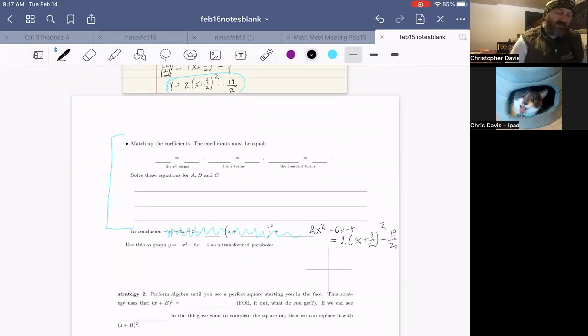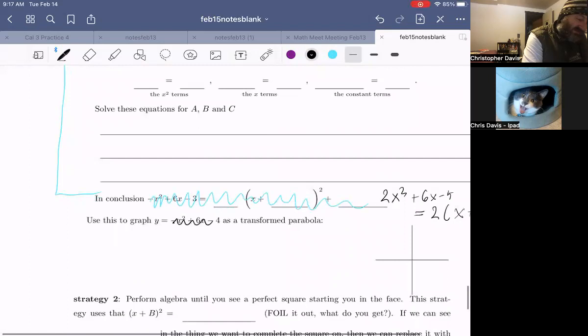All right, so one of the whole points of this is we can use this to graph this quadratic function, 2x squared plus 6x minus 5.